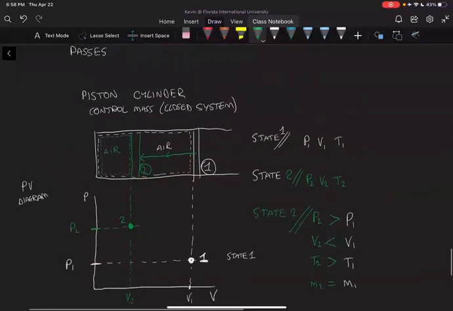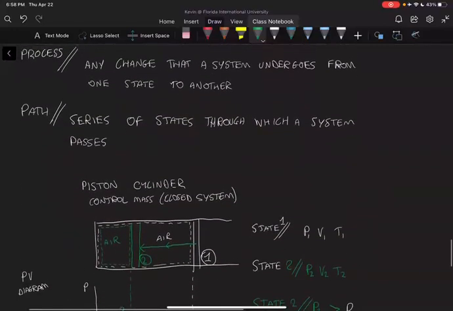Okay. And from that, we can see that we now have a process from 1 to 2 by pushing that cylinder. So if we look back at our definition of process, a process is any change that the system undergoes from one state to another. The system went from state 1 to state 2, where the piston essentially compressed the air.